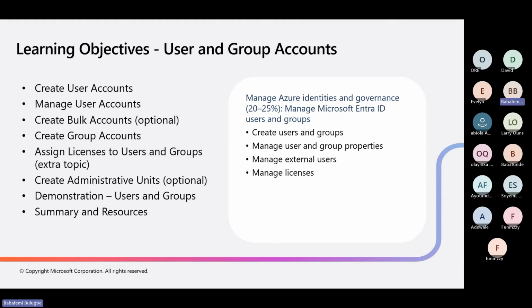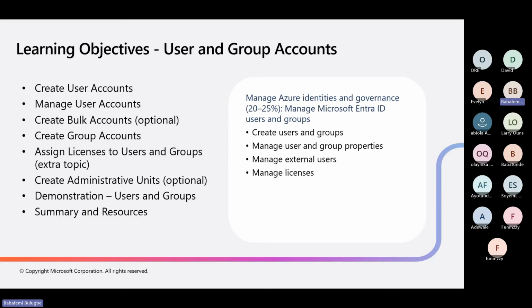This administrative unit works in the sense that, let's say you have the IT department, then you have the sales department, then you have the marketing department. You can have who we call a global administrator, somebody that is able to manage all the users, all the applications, or all the groups within that Azure environment.